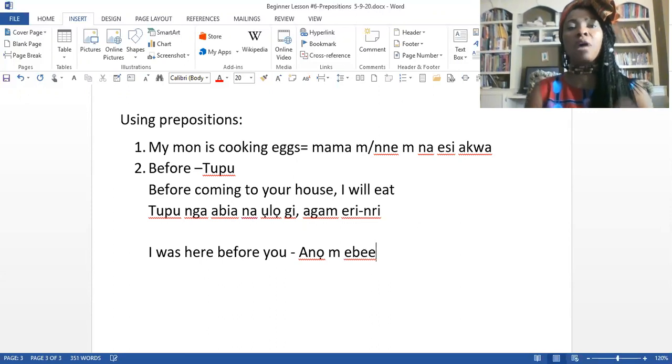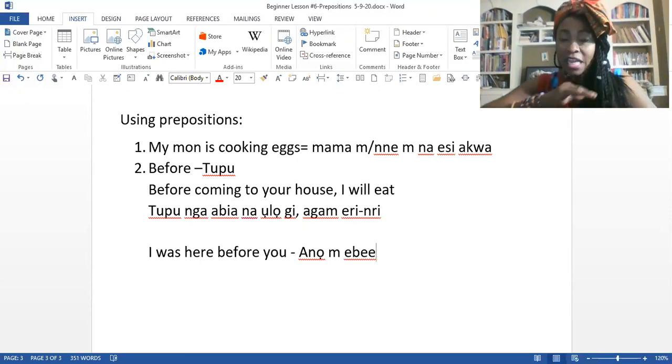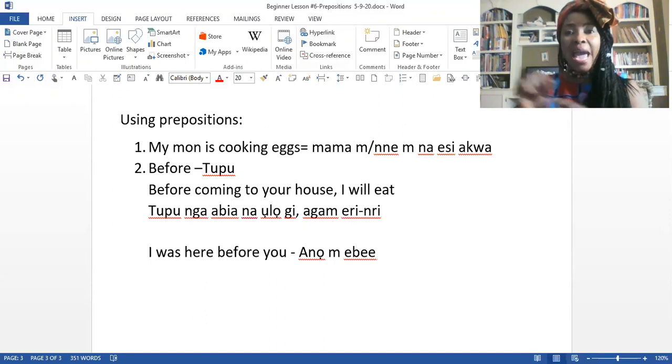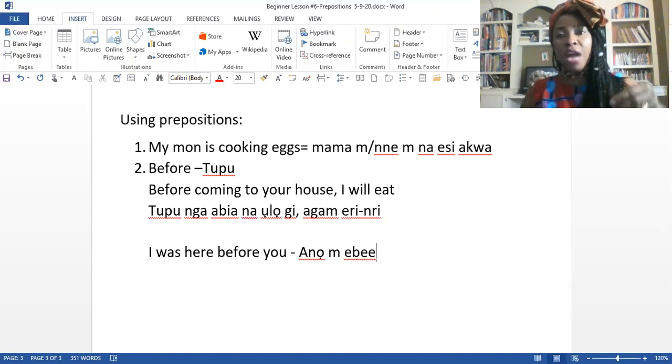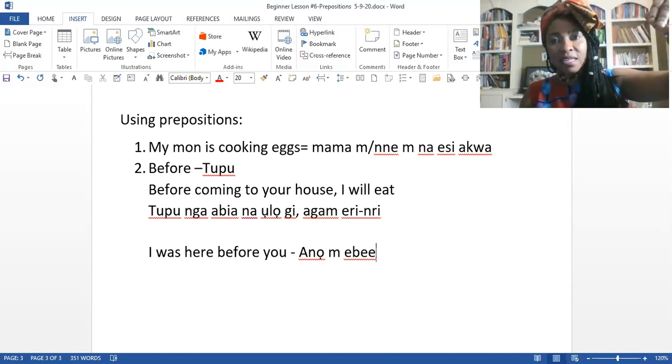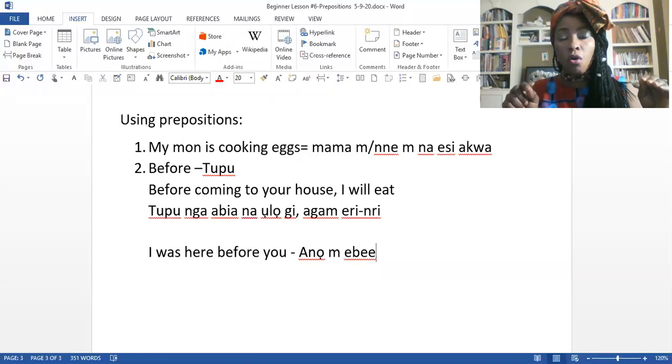Ebe a is supposed to have a double E. It's a long vowel. And the E, this vowel belongs to the second group, when you have it with no dot underneath. O and U, they have no dots.